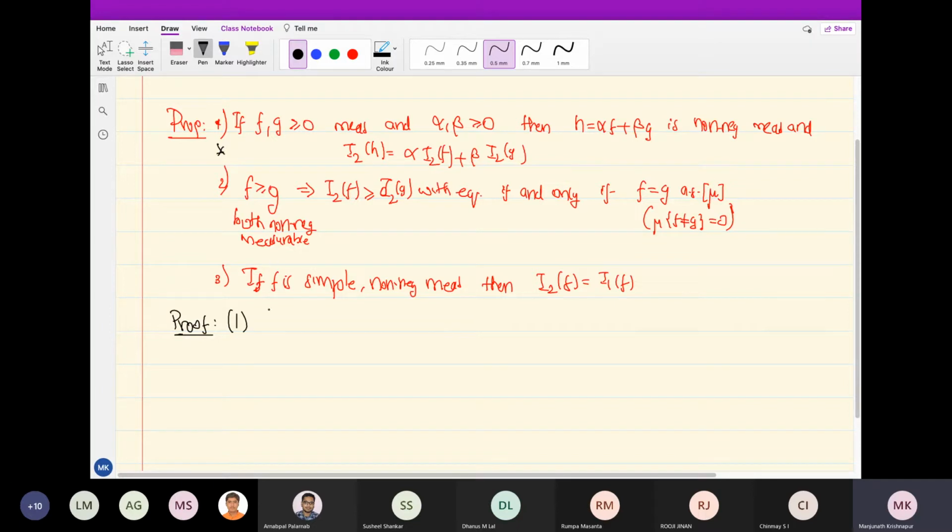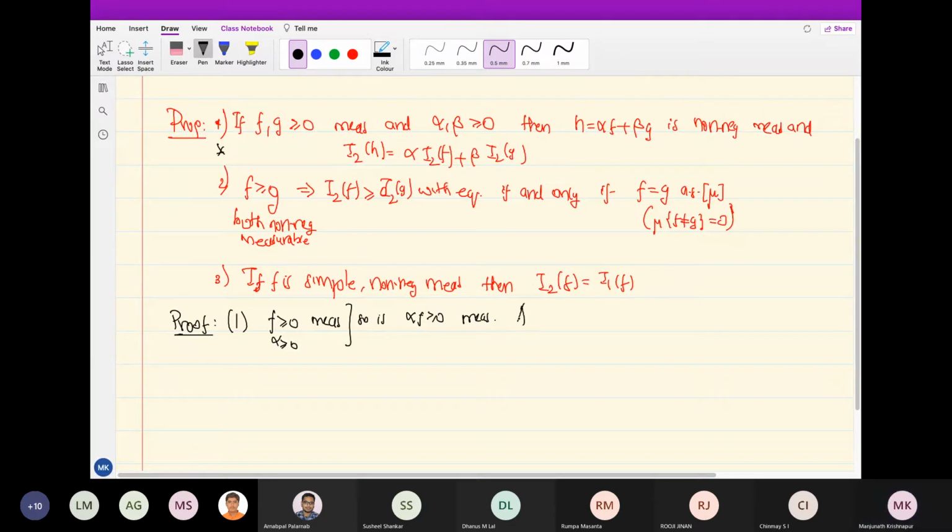How is that? Okay, so one is okay. Let's look at this. Firstly let's separate this into two. I don't want to write all this. So if f is non-negative measurable, so is alpha f, where alpha greater than or equal to 0 is a real number. Then alpha f is non-negative measurable.